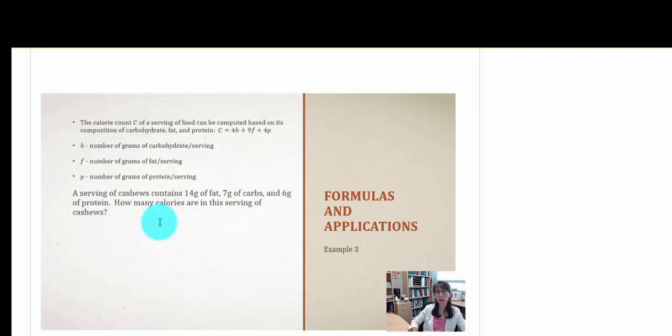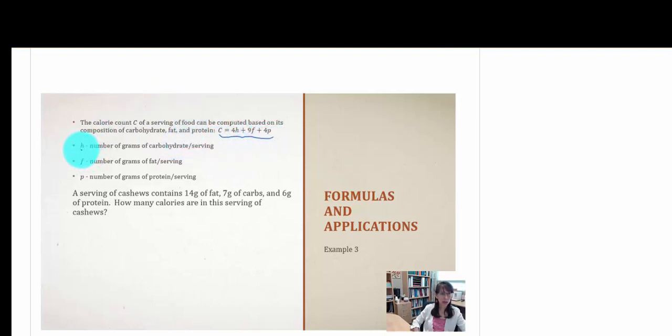The last few examples deal with calories and grams of carbohydrates, fats, and proteins. The calorie count C of a serving of food can be computed based on its composition of carbohydrate, fat, and protein. So here is the given formula.